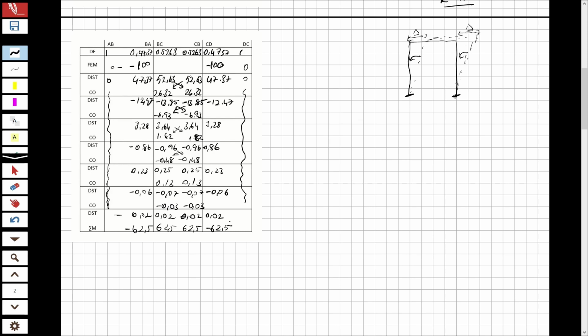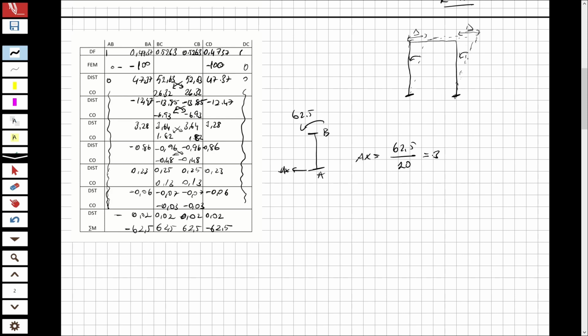So let's find the previous thing I did, and I'm going to do it again. For here, this is A and this is B. I have BA moment. What is BA moment at this direction? Okay, I have AX, and this is 62.5, and AX is equal to 62.5 over 20.